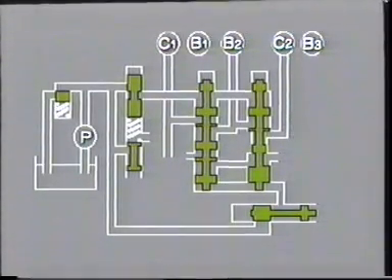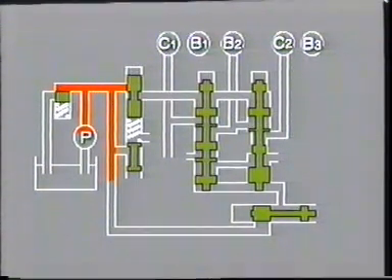This shows the basic circuitry of the hydraulic control system of a 3-speed automatic transmission. Hydraulic pressure generated by the oil pump is changed into line pressure by the primary regulator valve. The line pressure acts on the throttle valve and the governor valve.